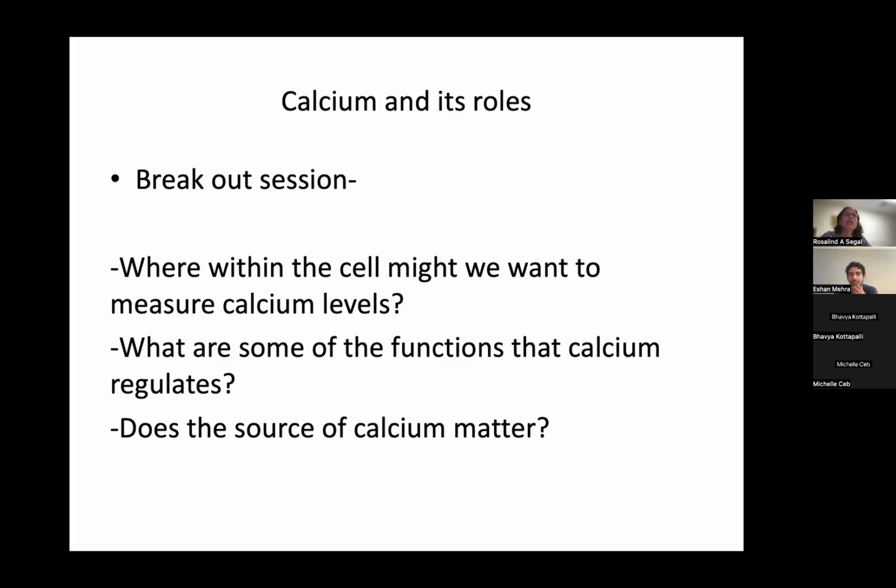UT Southwestern and Sloan Kettering certainly have larger clinical care groups and networks, but Dana-Farber, given the size, really emphasizes the research as well, and they work very closely together.